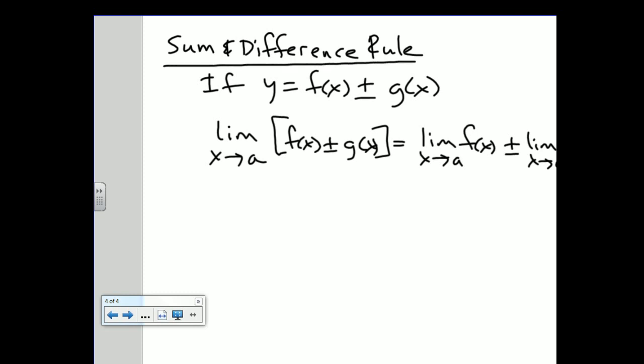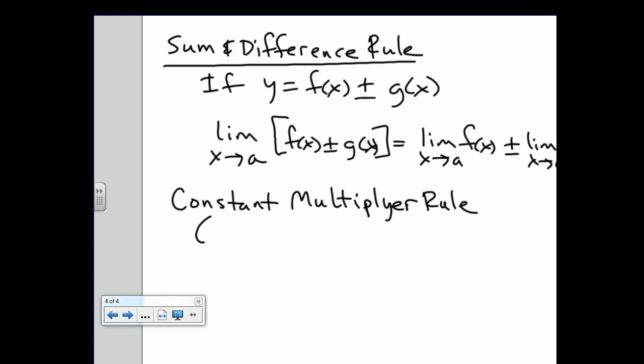Then the next rule, which is called by the textbook the constant multiplier rule, or as I often refer to it, the coefficient rule.